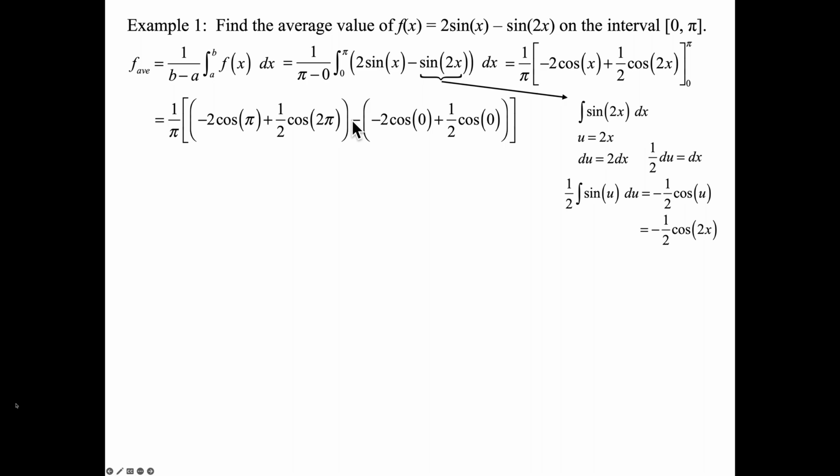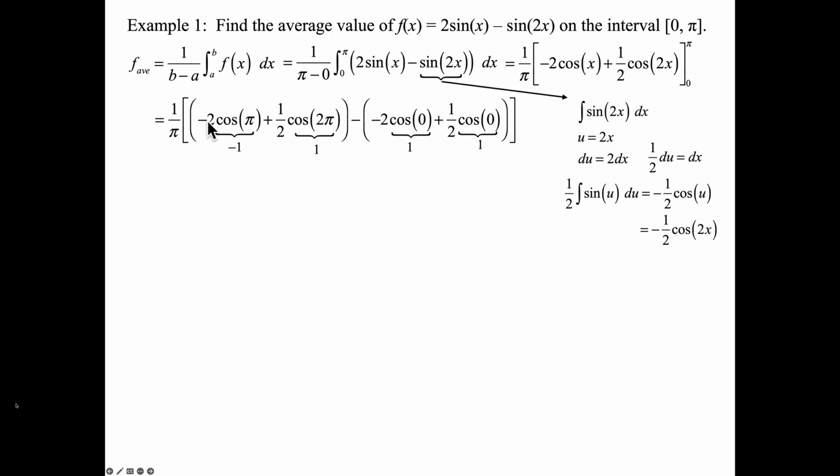So a little evaluation time, thinking about your unit circle here, cosine of pi, that's all the way over to the negative side for your x's, so that will be a negative 1. Cosine of 2 pi, that's a complete revolution, that's a positive 1. Cosine of 0 is the same as 2 pi, so that's a 1, and this is a 1.